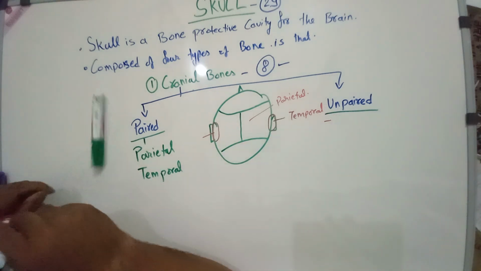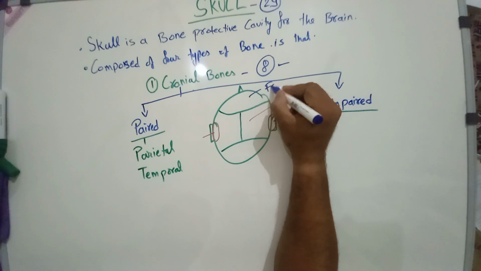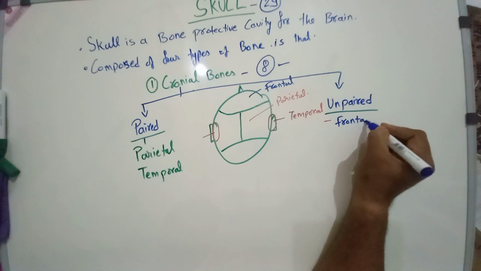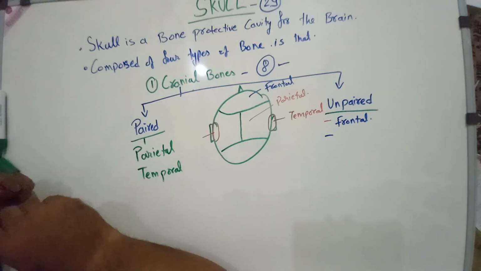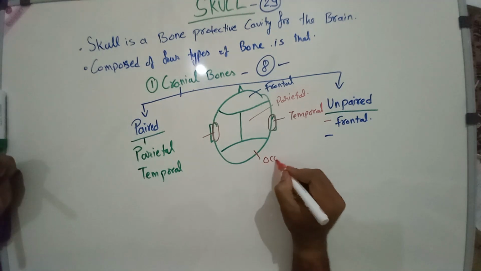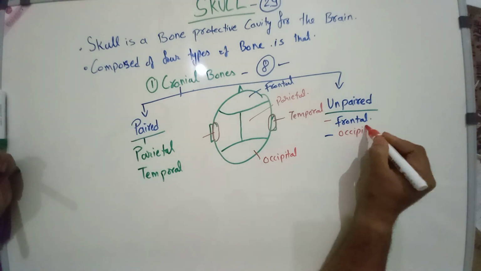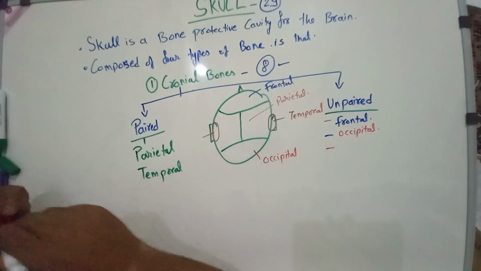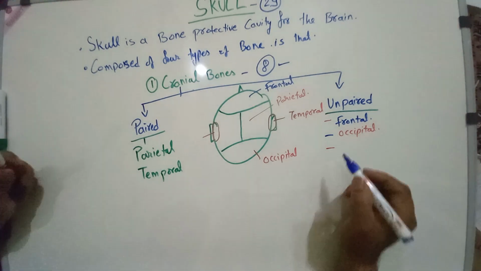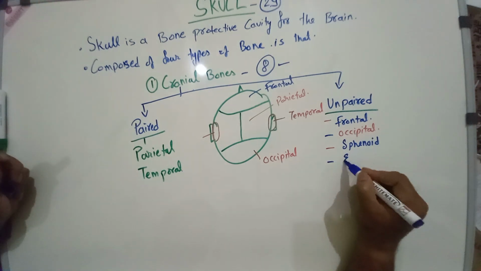First one is this is frontal, and this one is occipital bone, and third one is sphenoid and ethmoid.